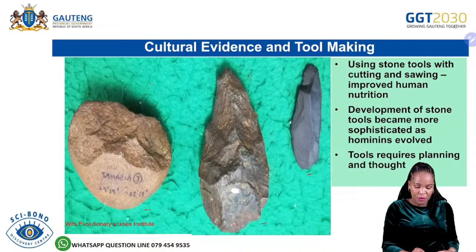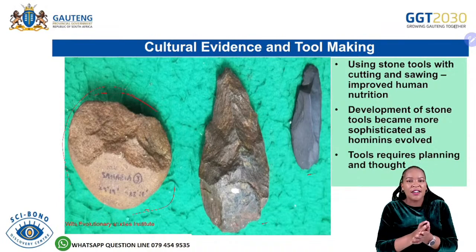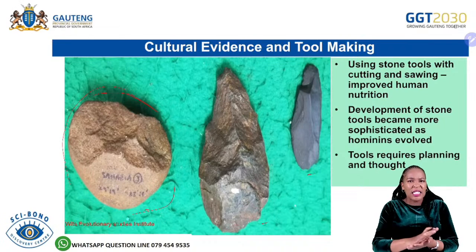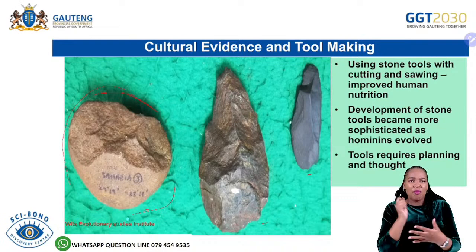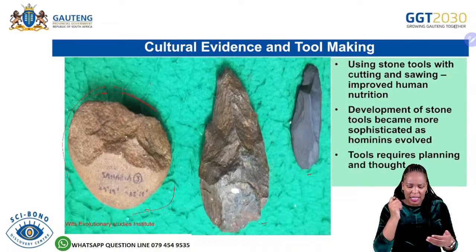Before we go to that, let us take a look at the shapes of the stones. If you take a look at this one, it is more flat and rounded. So you would say that maybe they were using it for grinding food. And then this one is a bit sharp and pointy. You would say they were using it maybe for stabbing the animal and then cutting.